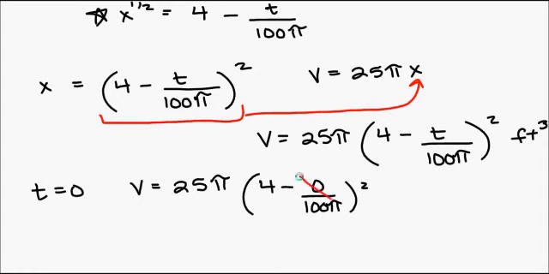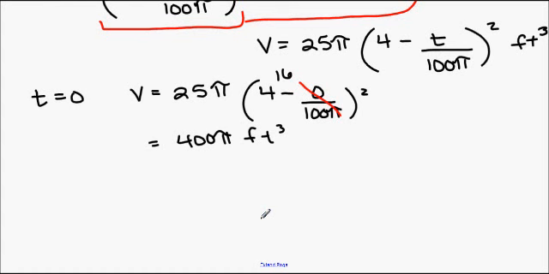This part goes away, so this is just times 4 squared, this is 16. 16 times 25 is 400 pi feet cubed at t equals 0.